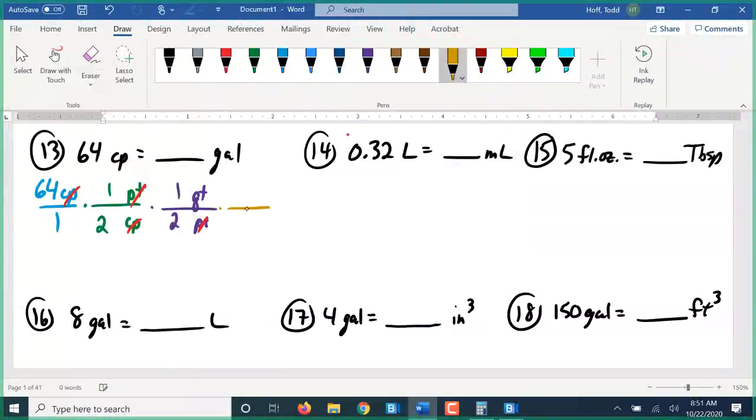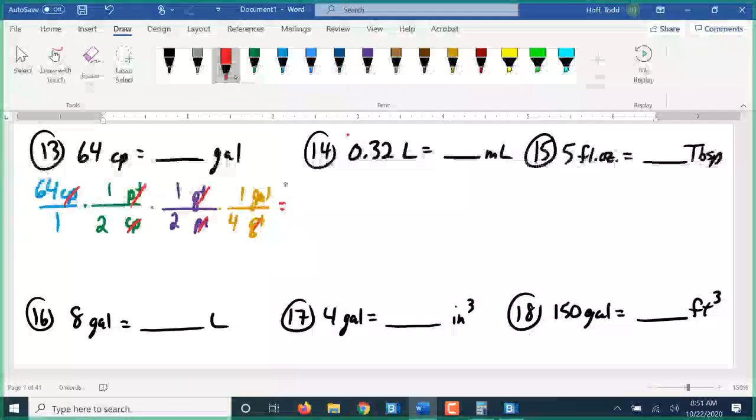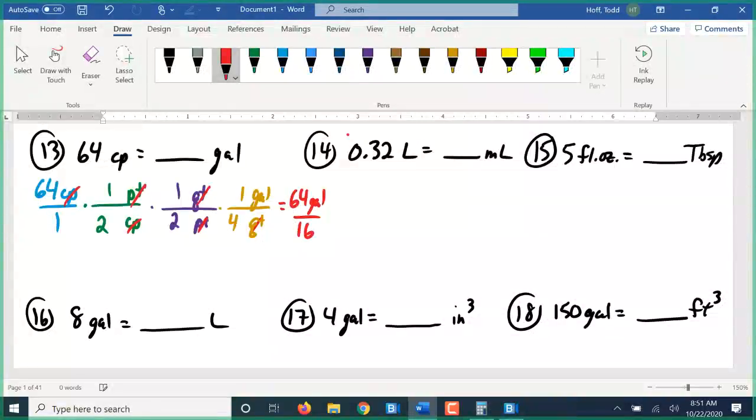Then we'll put our quarts on bottom. We can go from quarts to gallons. 1 gallon is 4 quarts. So now on top we have 64 times 1 times 1 times 1 gallon. That's 64 gallons. On bottom, 1 times 2 times 4 is 16. 64 gallons divided by 16 is 4 gallons.